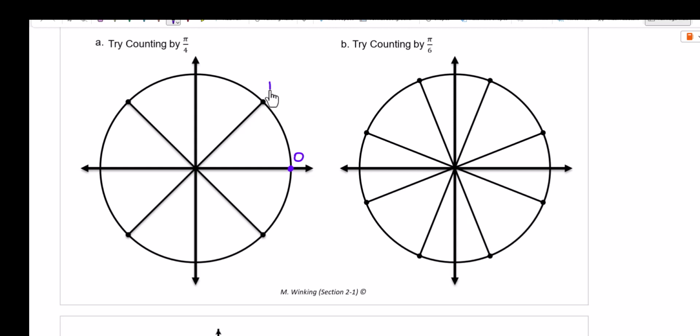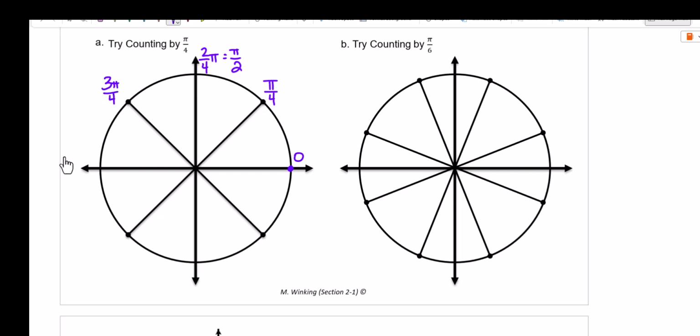This would be pi over 4, or 1/4 pi radians. This I could say is 2/4 pi radians. And we know 2 over 4 simplifies, so that's just really going to be 1/2. So this is pi over 2 radians. Here, if this is 2 over 4, the next one should be 3 pi over 4.